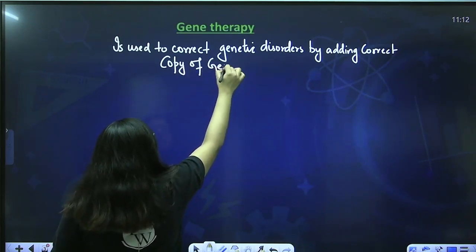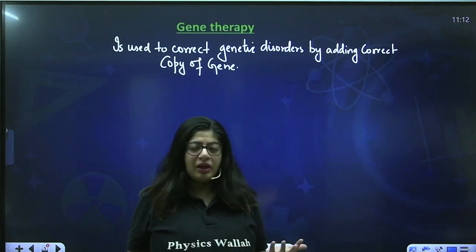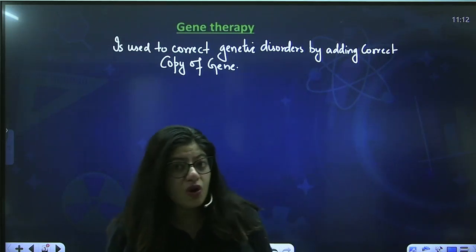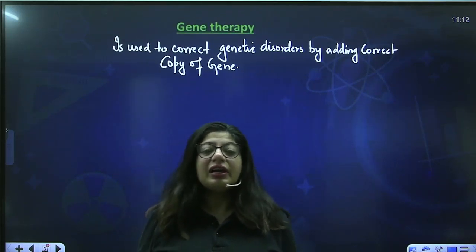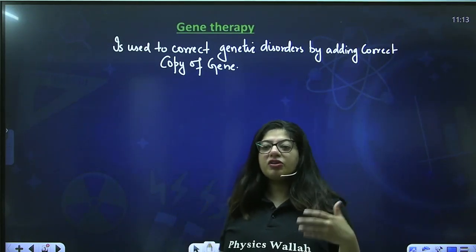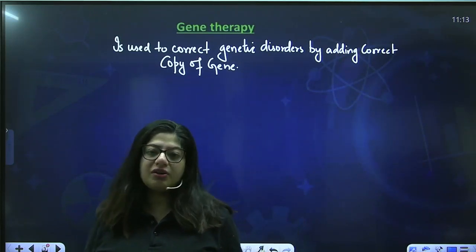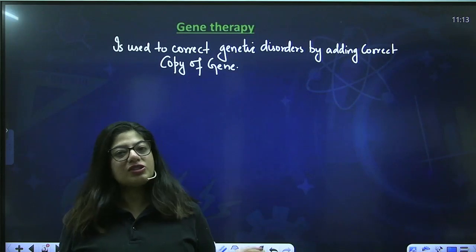So if someone is having a genetic disorder, that means a copy of gene is defective. And what if we give them the correct copy of gene? For example, if a baby is born with the wrong or defective copy of gene, why not change it with the right one? So yes, that's what gene therapy is.